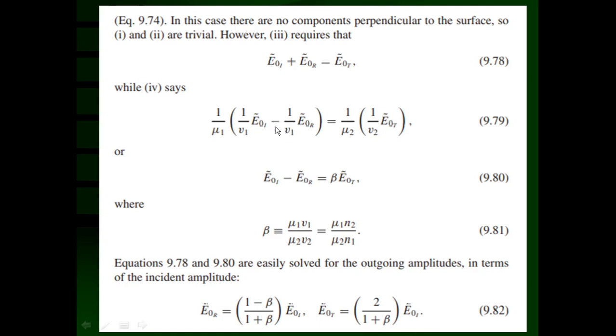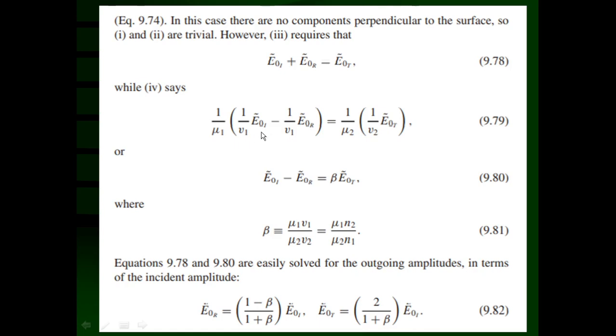This is equal, on the right hand side, to 1 upon mu 2 times the magnitude of the magnetic field of the transmitted wave B0T, and B0T is equal to 1 upon V2 E0T, which is substituted here.